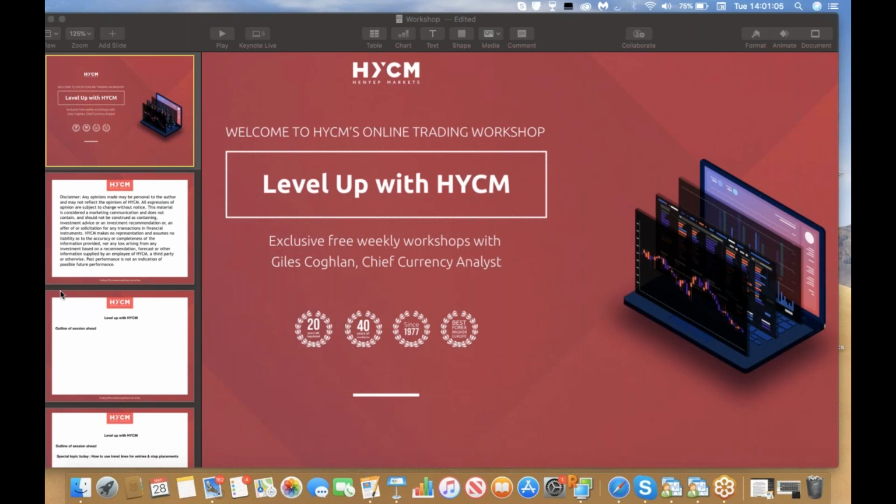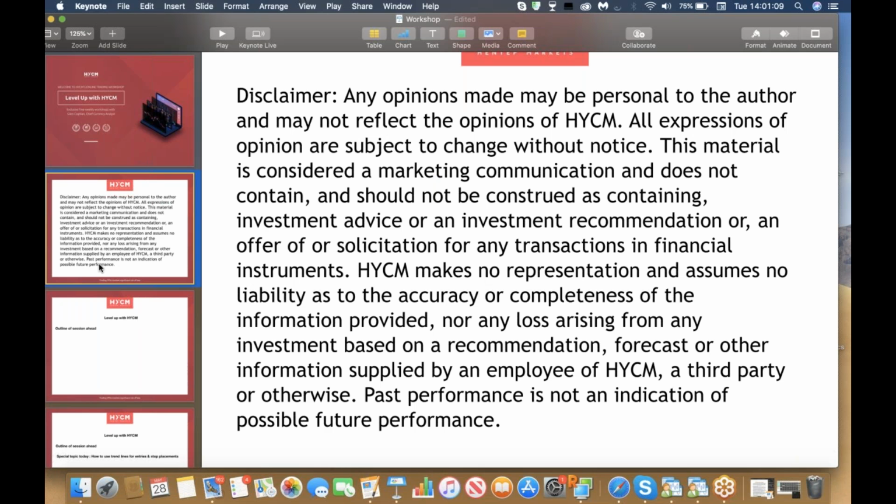Don't forget, as we start, the disclaimer. We'll be looking at a variety of different options, currency pairs, and different trade levels, and it's just to make clear that the workshop is not a signal trading service. The idea isn't that you go and trade the currency pairs and the signals that I highlight to you.